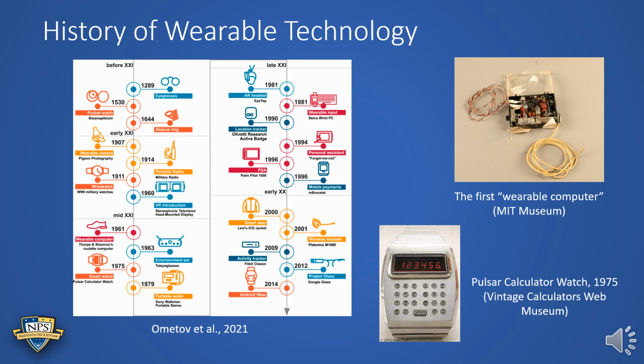The first wearable computer was actually developed in 1961 by two MIT researchers, Edward Thorp and Claude Shannon, who developed a device that could accurately predict where the ball would land on a roulette wheel and could fit inside the pocket. A picture is included to the right of the timeline there.